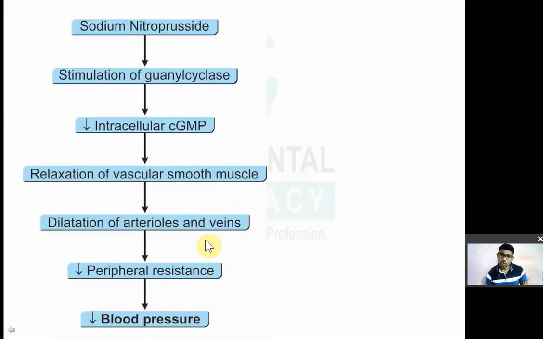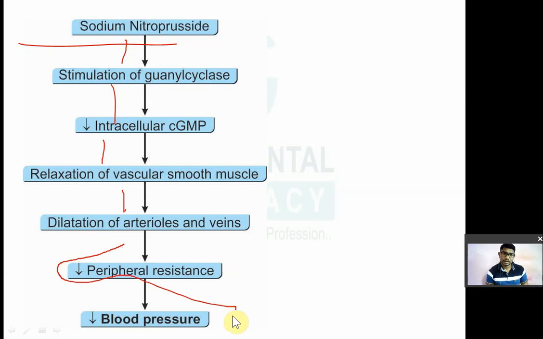So what is the mechanism of action of sodium nitroprusside? Remember, it stimulates the guanyl cyclase enzyme, and stimulation of guanyl cyclase increases the intracellular cyclic GMP, and increased cyclic GMP causes relaxation of vascular smooth muscle, with dilation of arteries and veins, which decreases the peripheral resistance, and that's why there is a decrease in blood pressure.